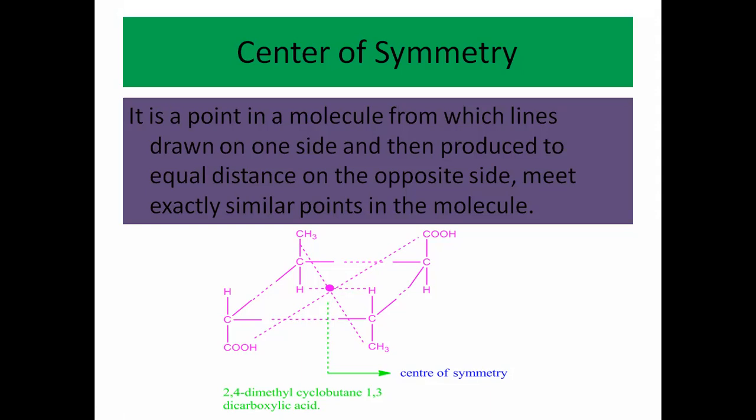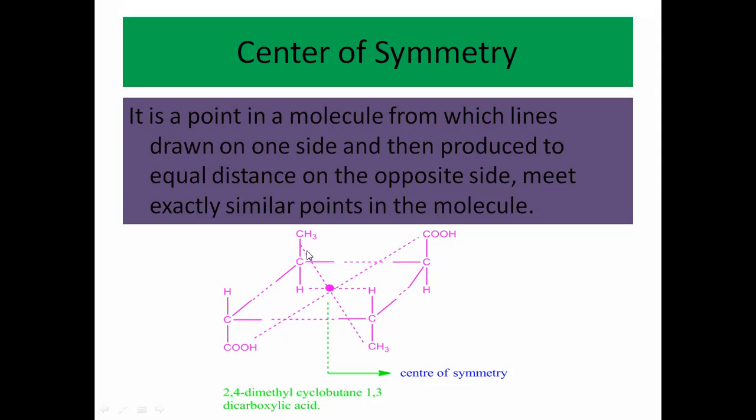So see, this can be applied only to three-dimensional structures, particularly to organic molecules which have a ring system. Here is the example of 2,4-dimethylcyclobutane-1,3-dicarboxylic acid. So see, these four carbons are the asymmetric carbons because they are attached to four different groups.